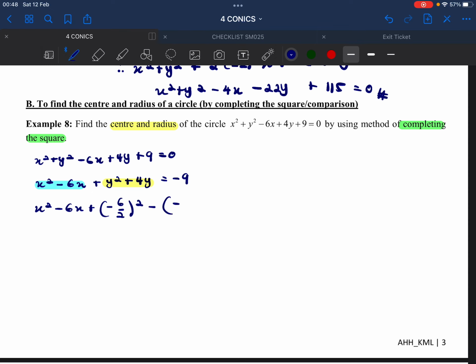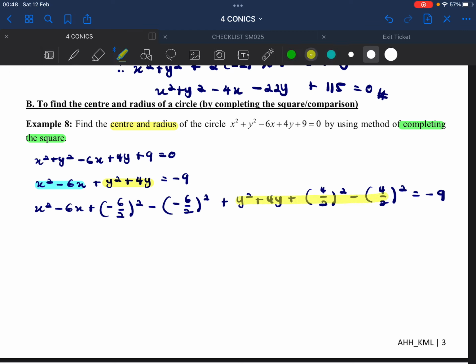So minus (negative 6 over 2) squared. Then plus y squared plus 4y plus (4 over 2) squared minus (4 over 2) squared equals negative 9. This is the yellow part and this is the blue part. We still haven't finished, we haven't factorized our completing the square yet.